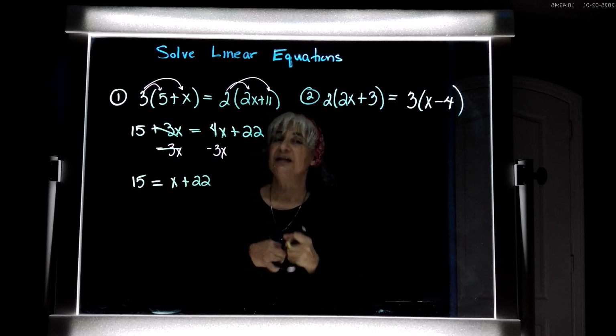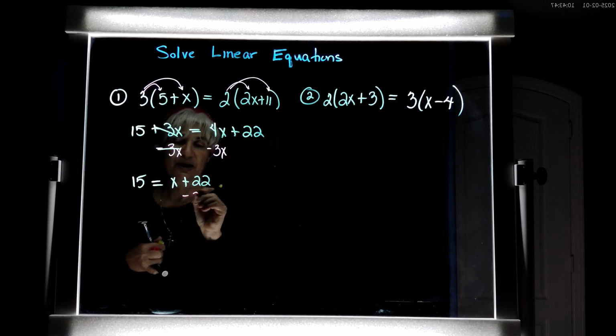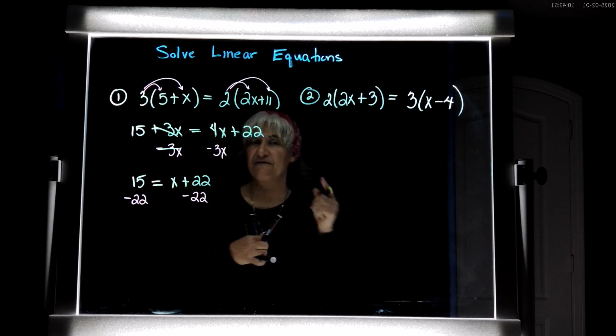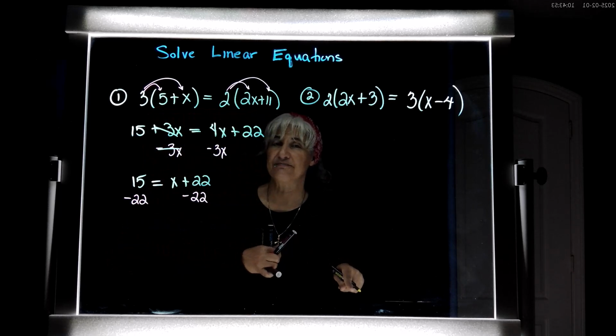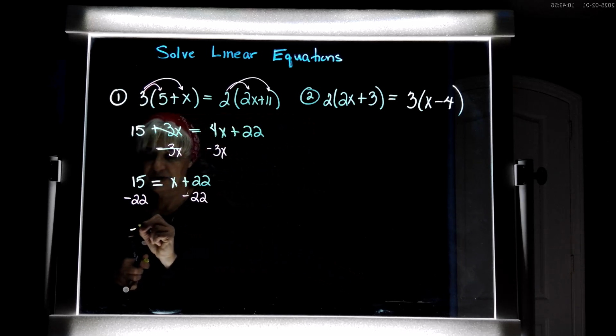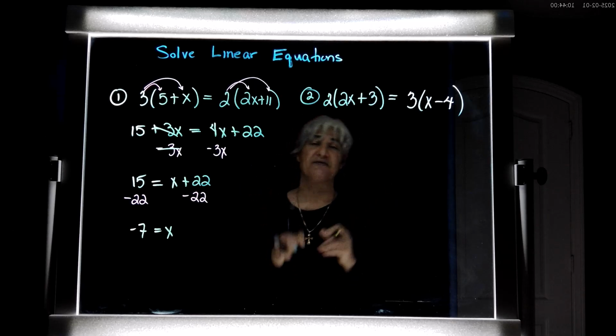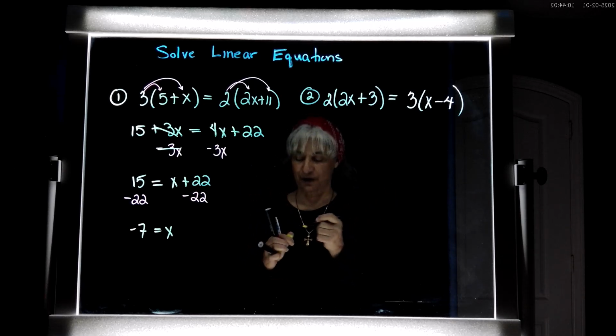And now this is the last step. You have to subtract 22 from both sides. So now you've got 15 minus 22. Good. It's going to be negative 7. Good? Great.